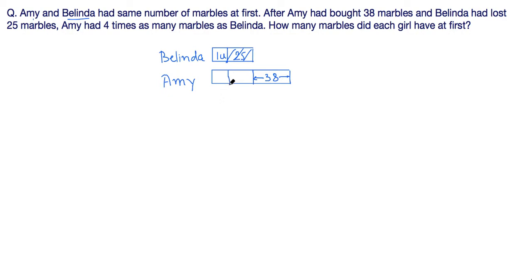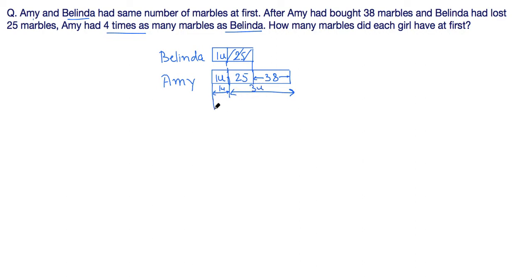And how about Emmy? Emmy is 4 units, right? Because Emmy had 4 times as many marbles as Belinda. So how much will this be? This will also be 25, right? So this is 1 unit, and since the total is 4 units, this will be 3 units.